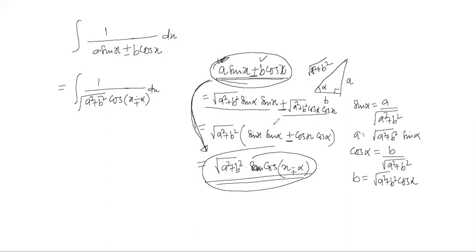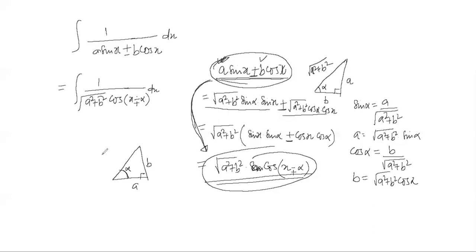In another way, we can get another formula as well. In the trigonometry here, we took the position of a as the perpendicular, but we can also take the position of b here and the position of a there.